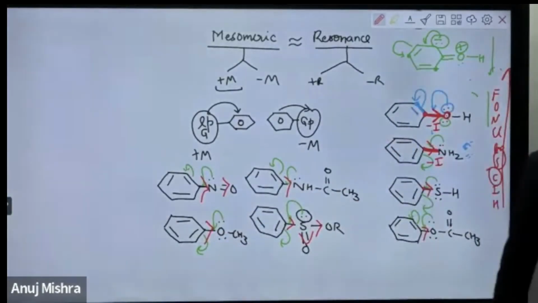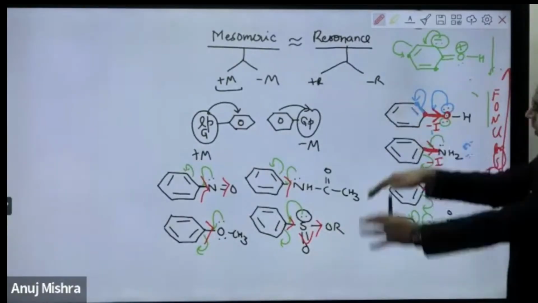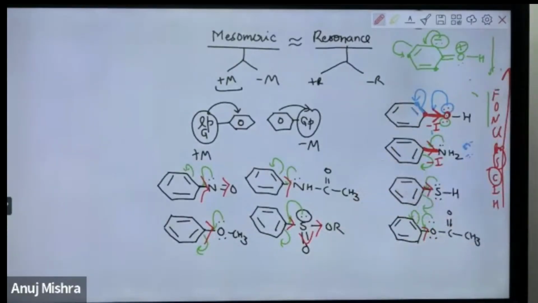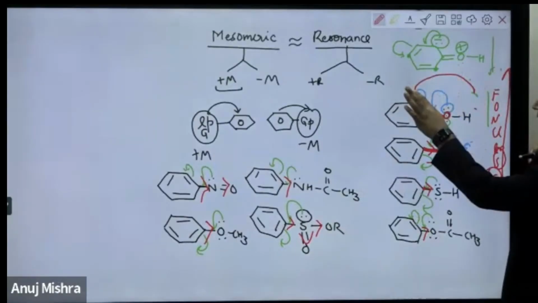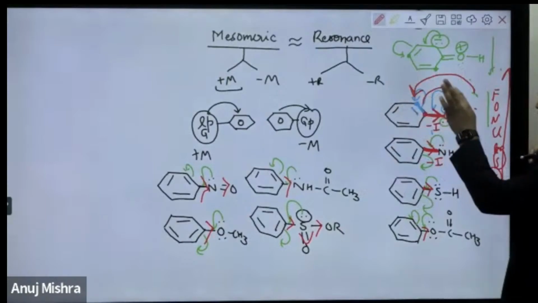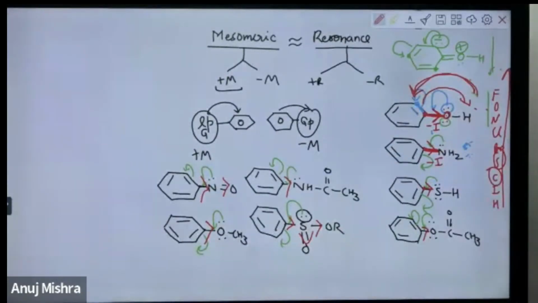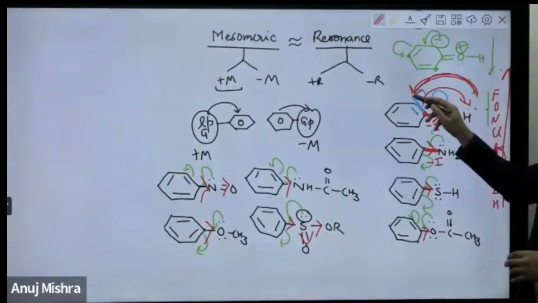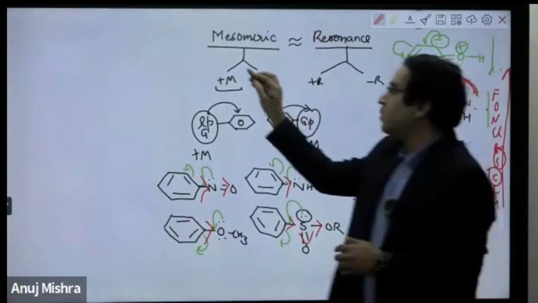Again, can you observe? Though they are supporting the ring, they are pulling it away also, pulling it towards them. I repeat, it's like giving back, taking it back. Giving and taking back. But the one which is giving is plus M, positive mesomeric.